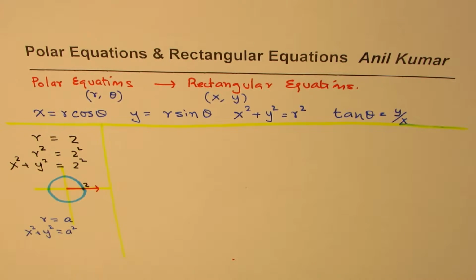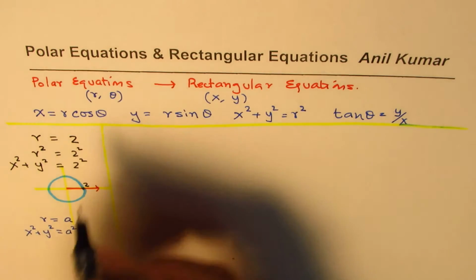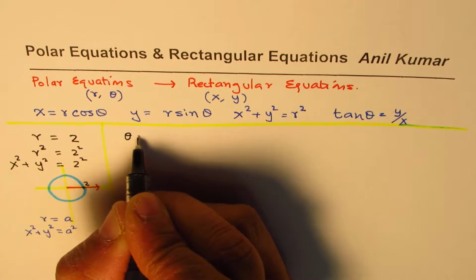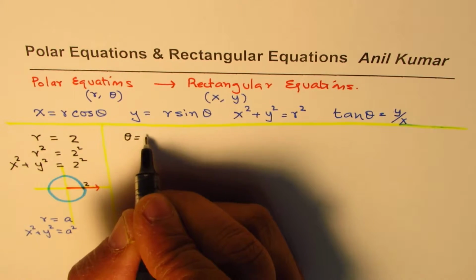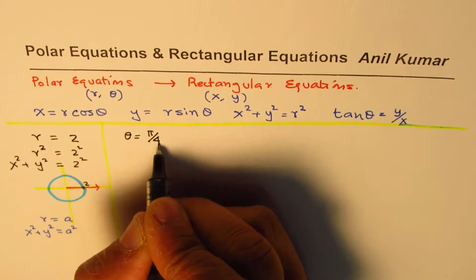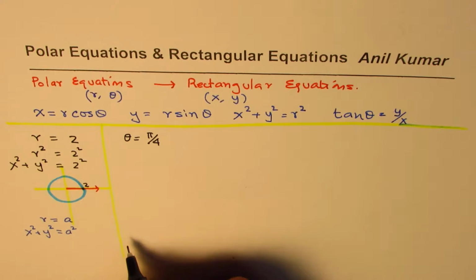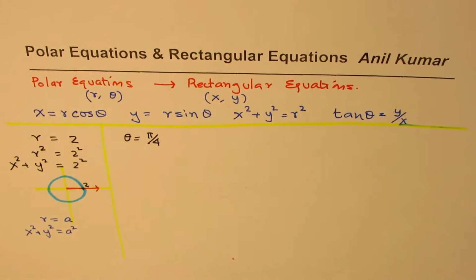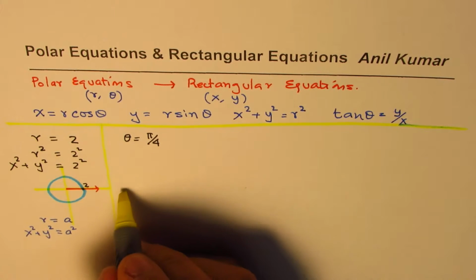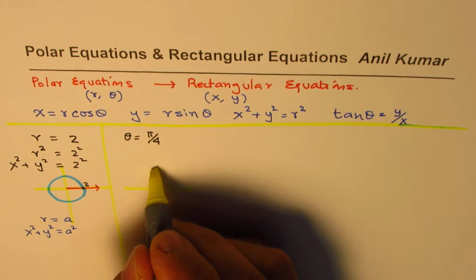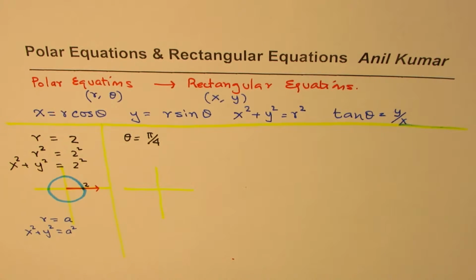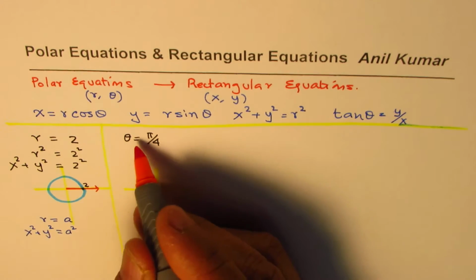Now, let's take another example. r and theta. Let me take theta this time. So if I say theta is pi by 4, then it means what? If I make a diagram here, theta equals pi by 4 means theta is constant.